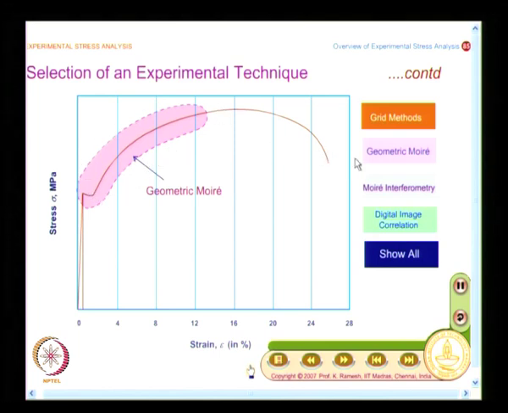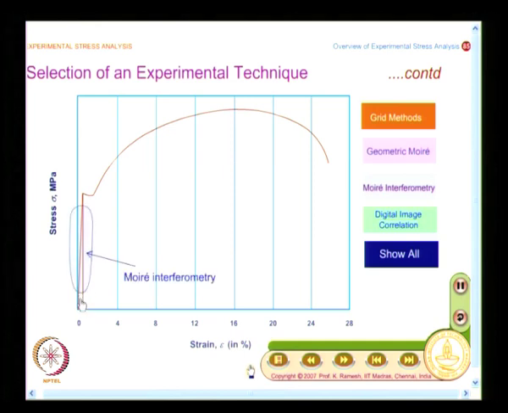The issue here is what is the range of strain that you are really looking at. And Moire interferometry cannot measure very small strains, it can go down, but it cannot go close to 0. And these are pictorial representations, no numbers are given. So, you find that this is the range that you are really working with for Moire interferometry.